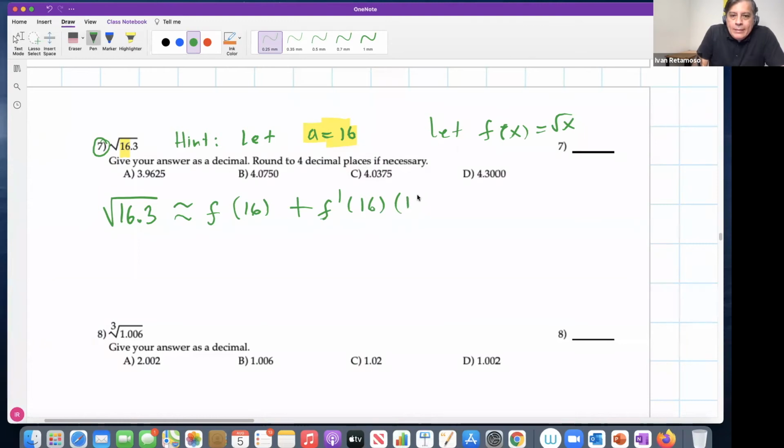But x minus a is 16.3 minus 16, which is going to be a small number, right? And that's it. That's all we're going to do. And estimate that using the linearization.